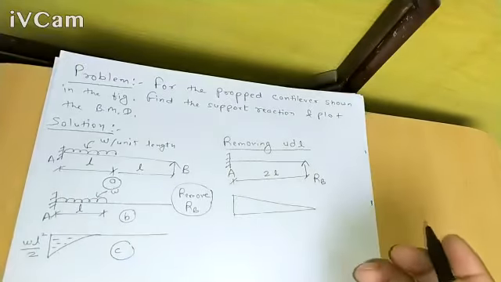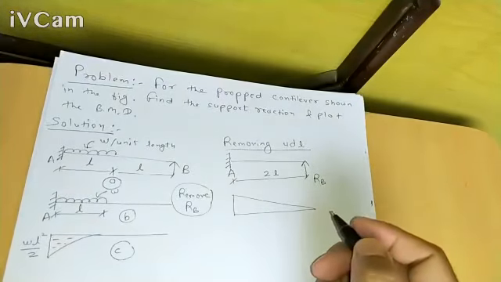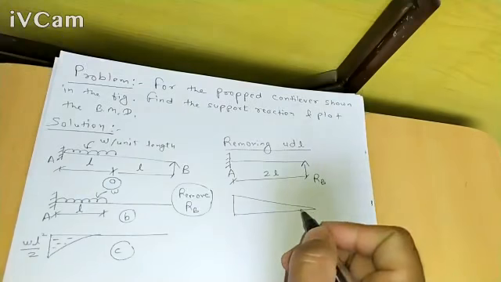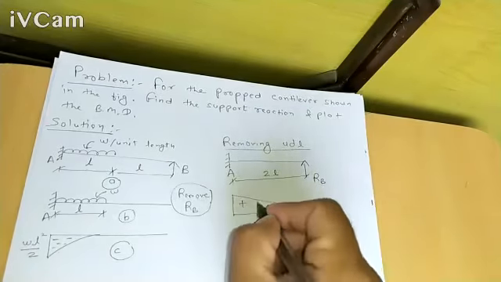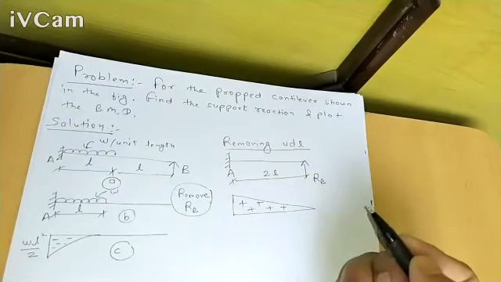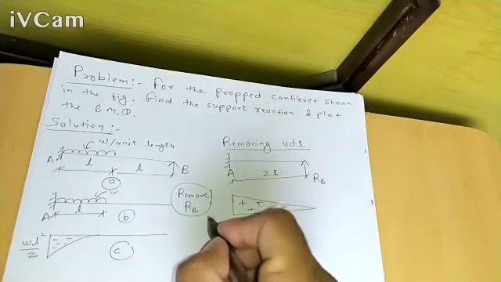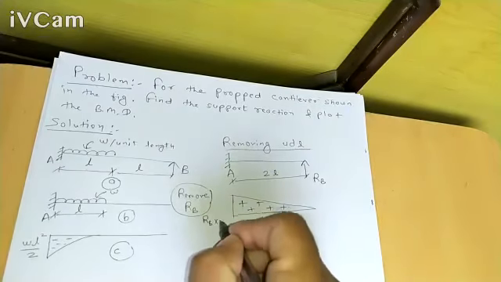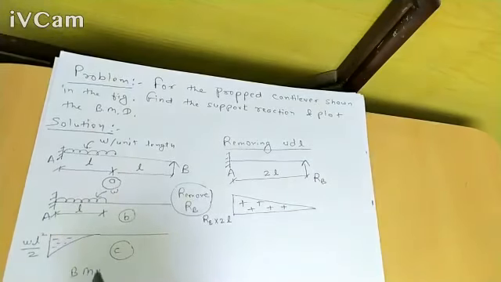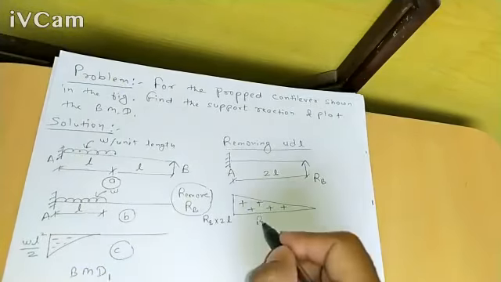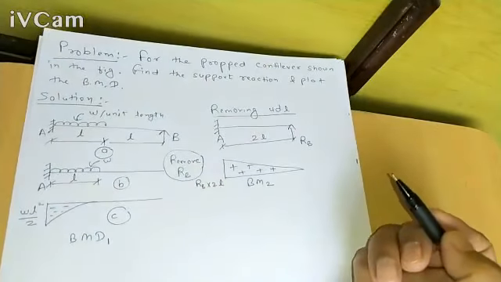Since you're already considering SFD and BMD, I won't go into much detail on how this bending moment diagram arises. This is going to be the positive one, and this would be RB into 2L. So this is bending moment diagram 1, and this is bending moment diagram 2. These are the two bending moment diagrams you got.